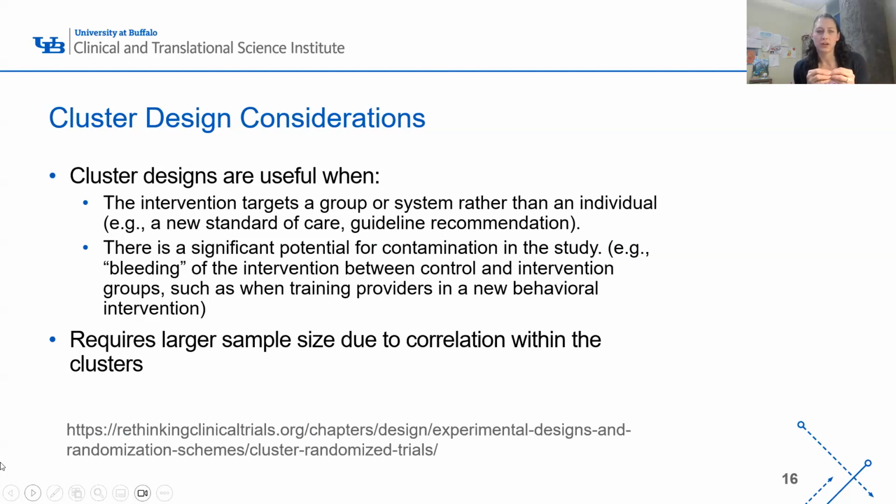If you train all the providers in a clinic in this process, but then you randomize at the individual patient level, they may integrate some of the things they learned through that training with all the patients, regardless of the patient randomization. It's too hard to keep track of and keep separate. And so it makes more sense to randomize the whole clinic, train all the providers in one clinic, and not train the providers in the other clinic. And that becomes your comparison.